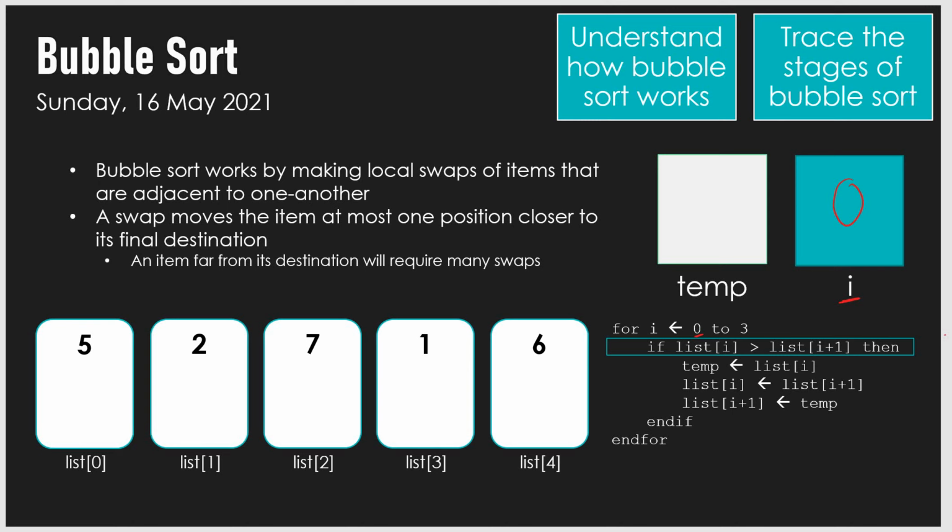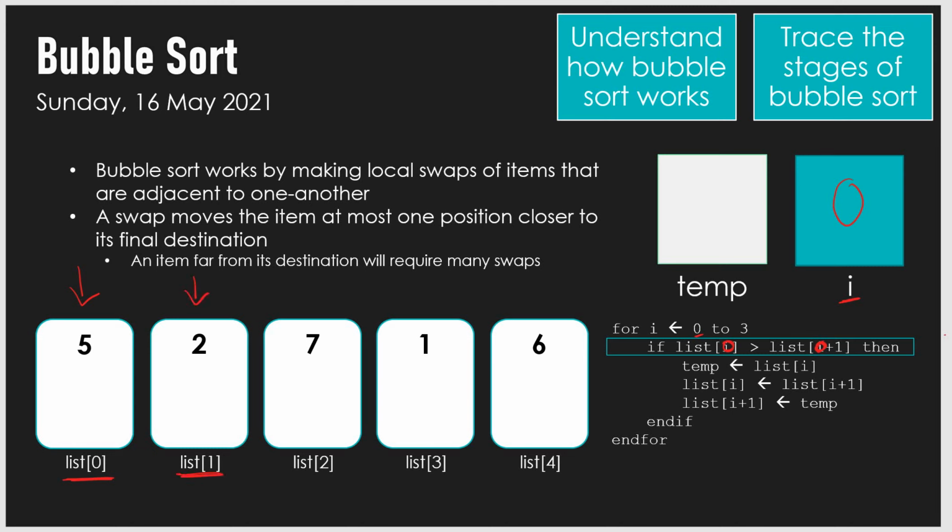So it's looking at if list[0], so this index right here, is greater in value than list[i + 1]. So i is again currently 0, so 0 plus 1 results in 1. So it's looking at this index right here.